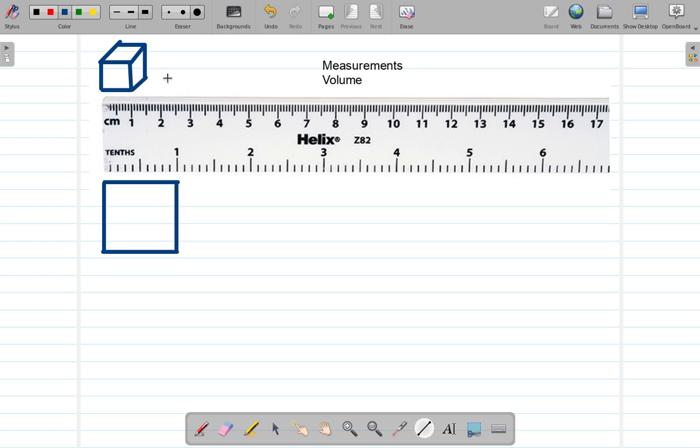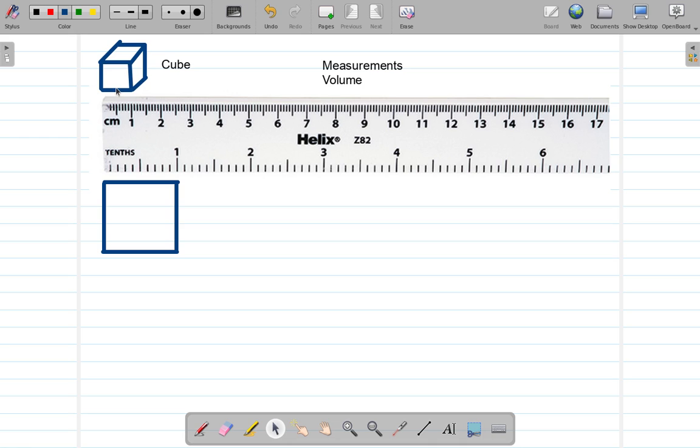Since each side is the same in length, we say this is a cube. And the space that it takes up is the volume. So the volume is basically how much space is taken up by an object.